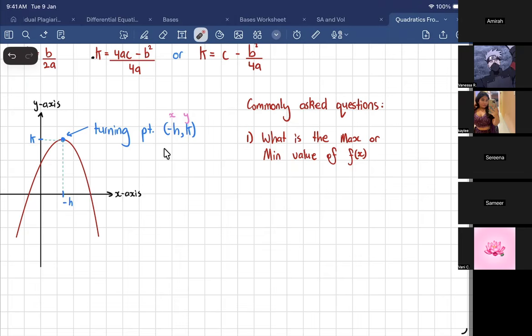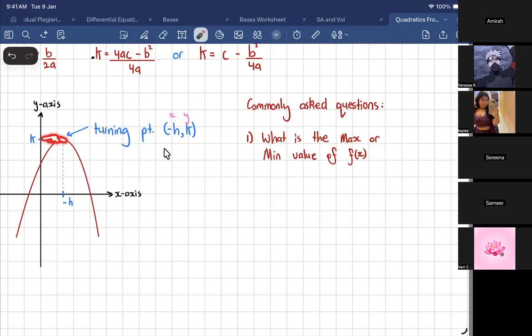Good, the y-axis, because we can see that you're going up, you're going up, you're going up. Isn't this the maximum value you're reaching? Yes, sir. Everybody's seeing that, right? K is the maximum value you're reaching. I hope everybody understands that.